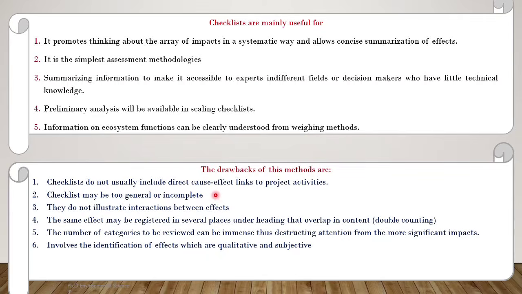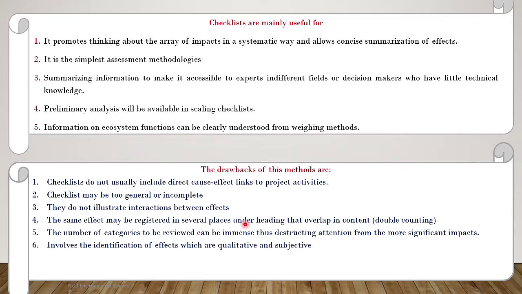These checklists do not illustrate interactions between different effects, which can be crucial for understanding the cumulative impacts. By treating the impacts in isolation, the checklist approach may overlook how different impacts influence one another. The same effect may be registered in multiple places under headings that overlap in content, leading to double counting of impacts.